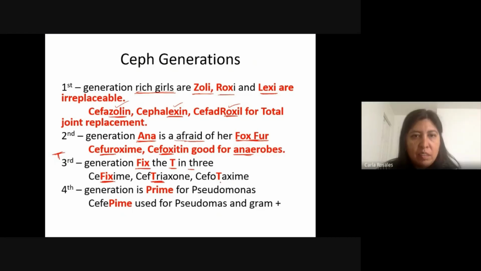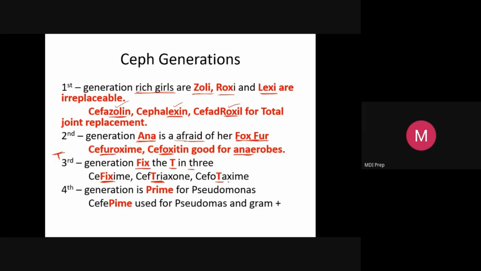And here's your other T. So in your third generation, you're going to look for fix the T. Fix the T. Third generation. Got it? Yes. And then the fourth generation is prime for Pseudomonas, means it's really good for Pseudomonas infections. So we call that Cephalosporin because it's prime for Pseudomonas.